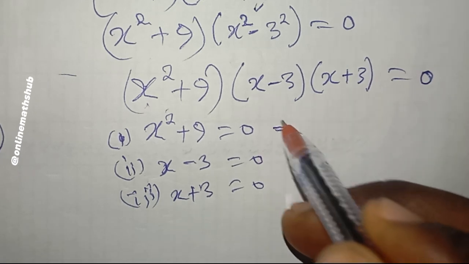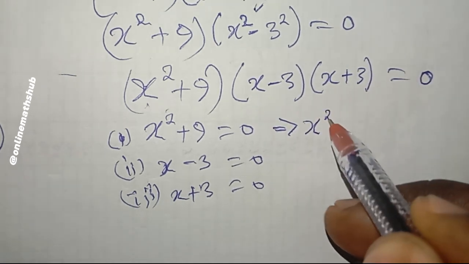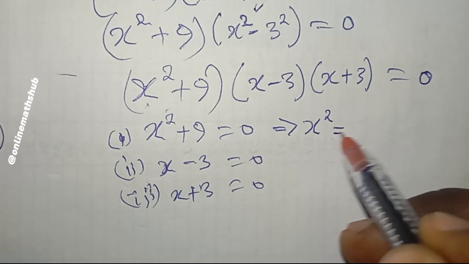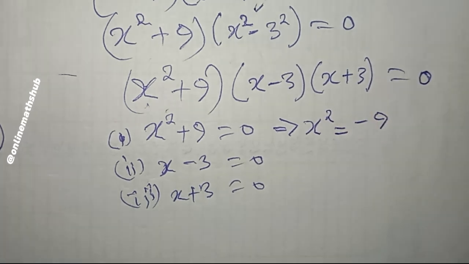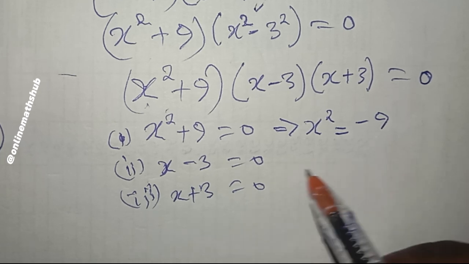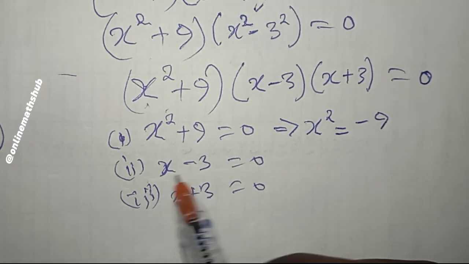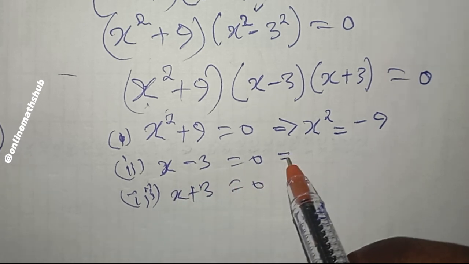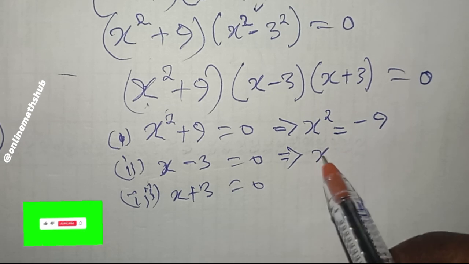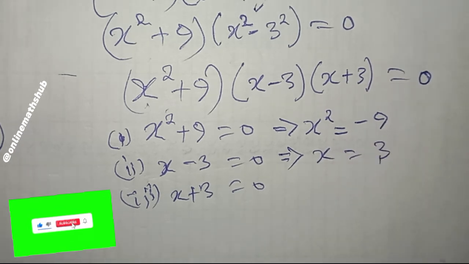And so for the first one, this implies that x squared is equal to negative 9. The second one implies that x is equal to 3.